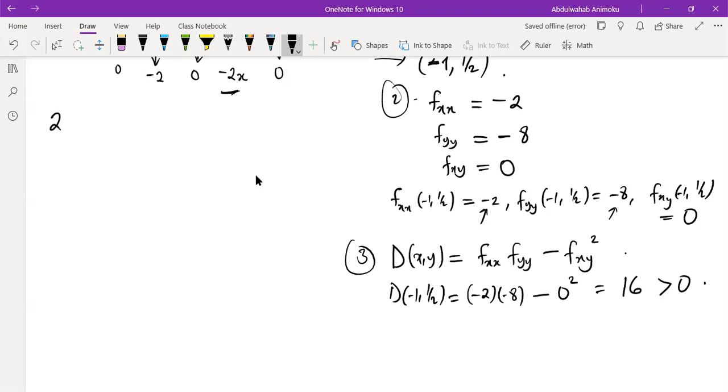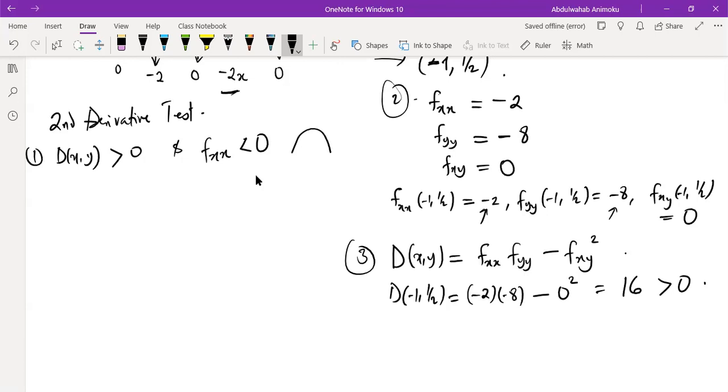Now, what does this second derivative test do? So this is how we classify the critical points using this test. Now, if D of xy is greater than 0, and at the same time, the second partial derivative with respect to x is less than 0, then this critical point is, so this is negative, so it's concave down, so it's going to be a maximum.